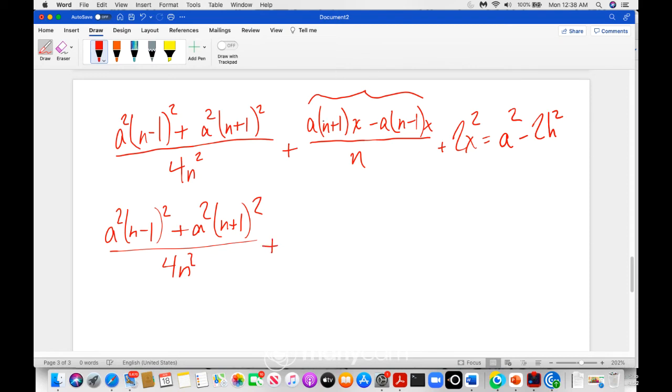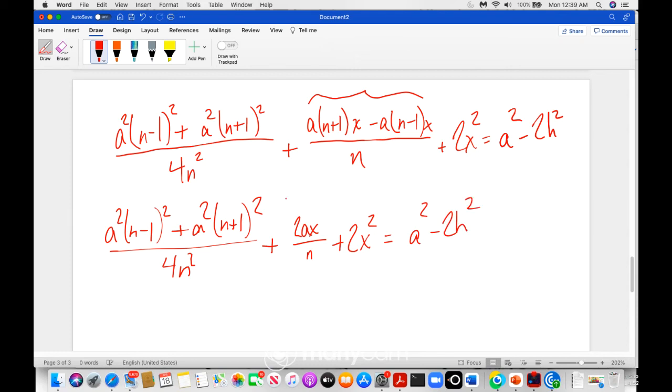So if I factor out the ax, I get n plus 1 minus n minus 1. So then I pick up a 2 divided by n, plus 2x squared equals a squared minus 2h squared.